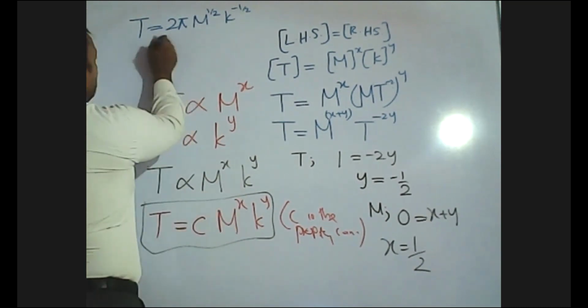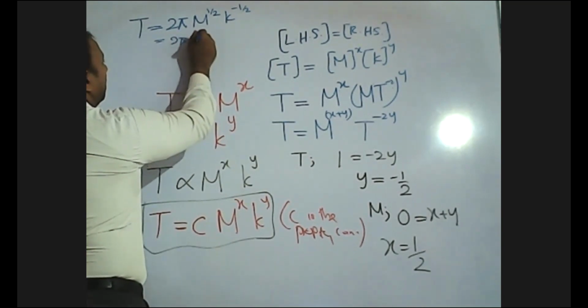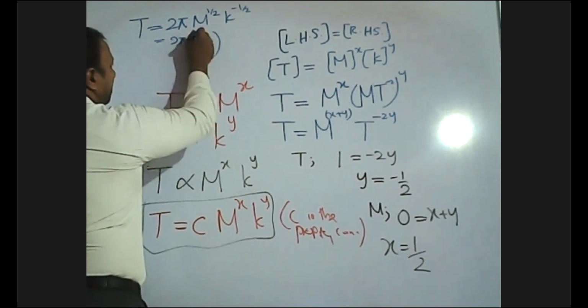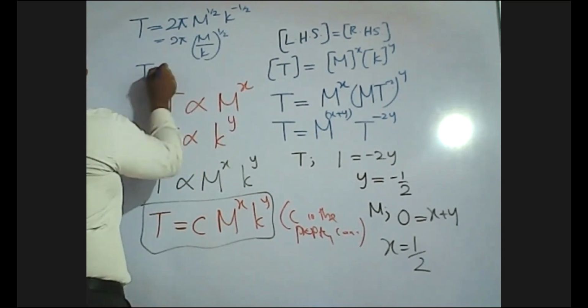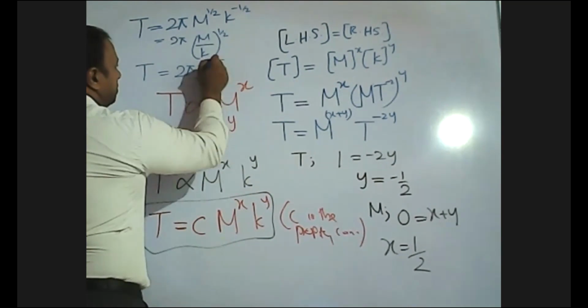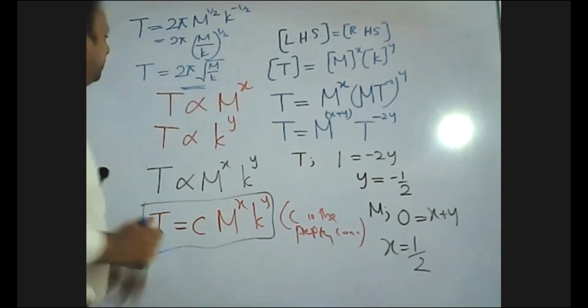Then I can write this as 25 m over k, entire half. So t is equal to 5 within square root m over k.